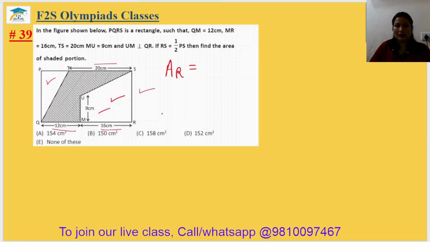So 12 plus 16, that is your 28, multiply by PQ equal to RS. ठीक. और it is given that here it is 9 सेंटीमीटर. RS ये वाली लेंथ दी भी नहीं है, but here it is given 9 सेंटीमीटर and it is given that RS equal to half PS.